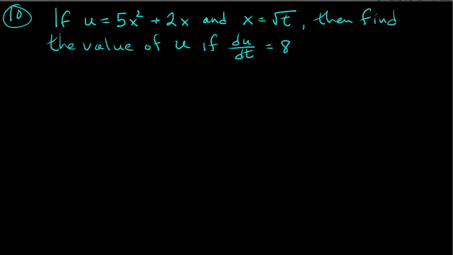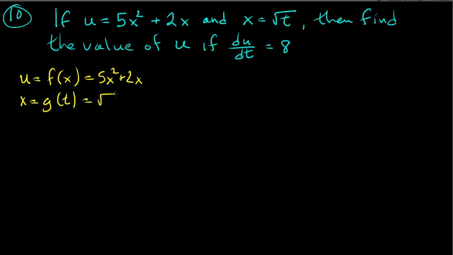Okay, so there's a couple ways of thinking about this. u is a function of x, just 5x squared plus 2x, but then x is a function of t, being the square root of t, or t to the 1/2. So u is really a function of t.